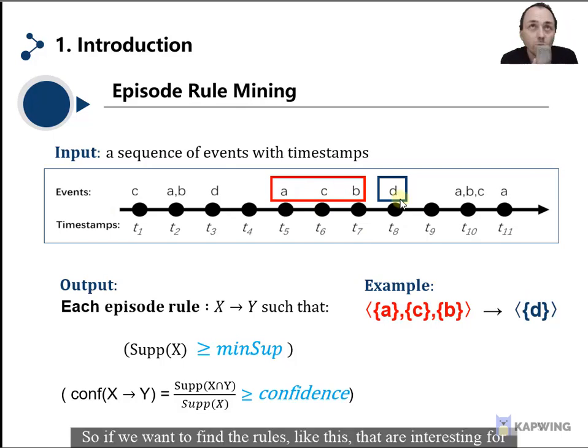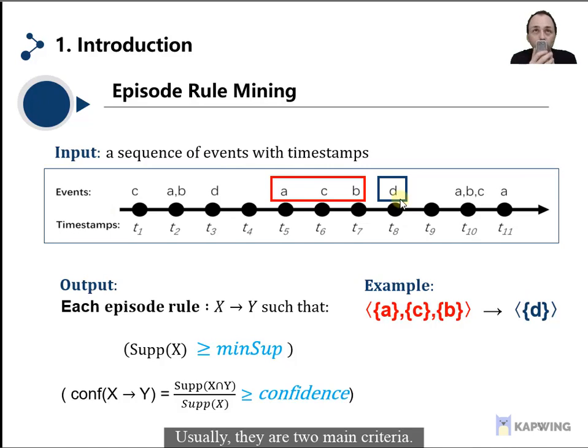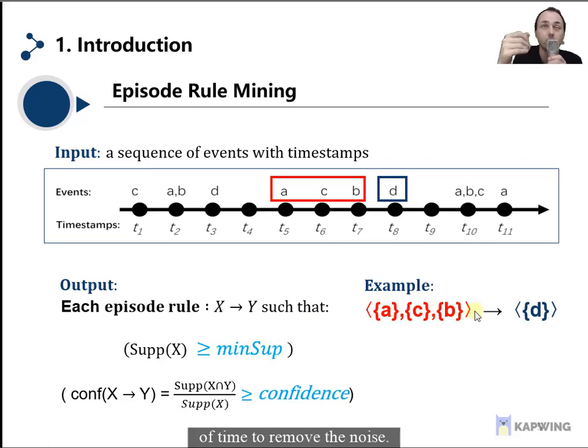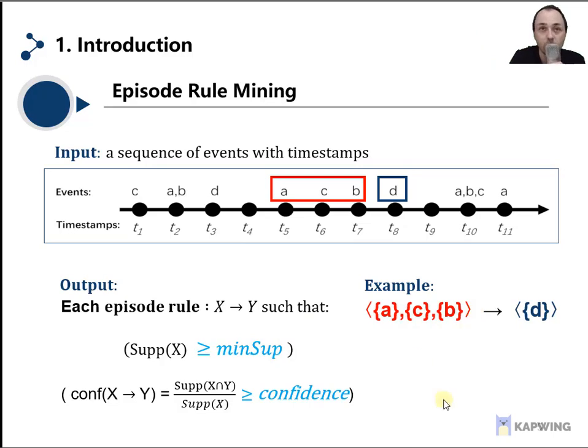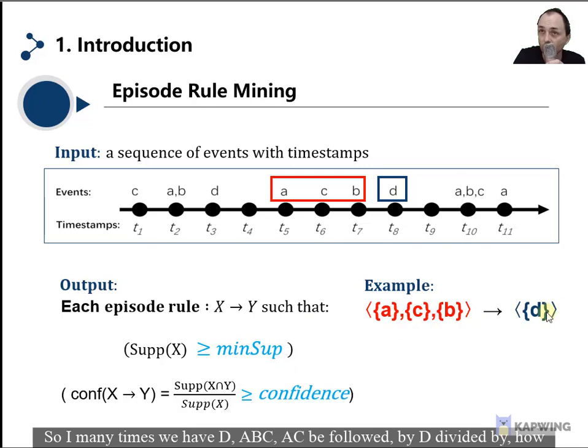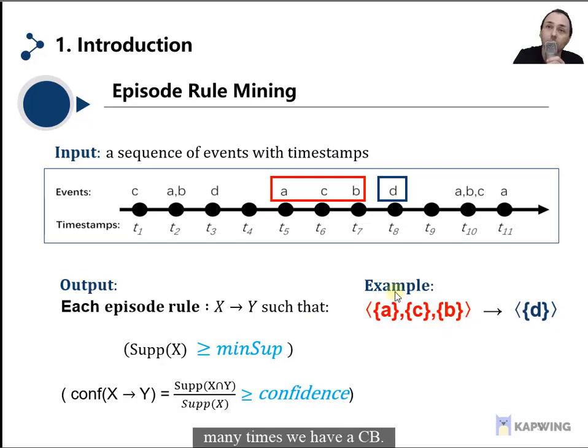If we want to find rules like this that are interesting for the user, there are usually two main criteria. The first one is the minimum support. We want a rule to appear at least some minimum number of times, to remove noise. And we also look at the confidence, like the conditional probability: how many times we have ACB followed by D, divided by how many times we have ACB.